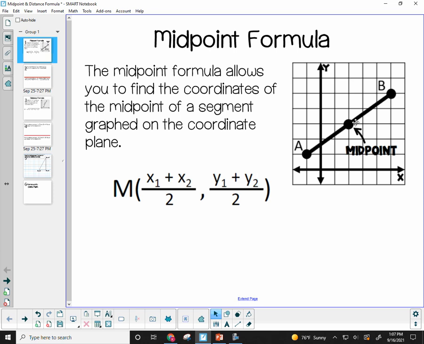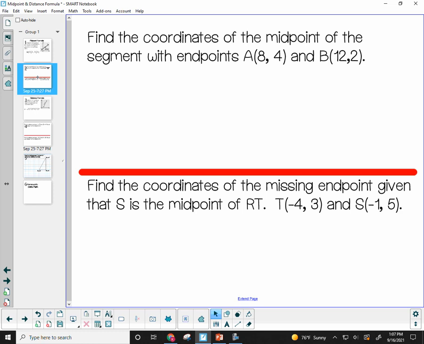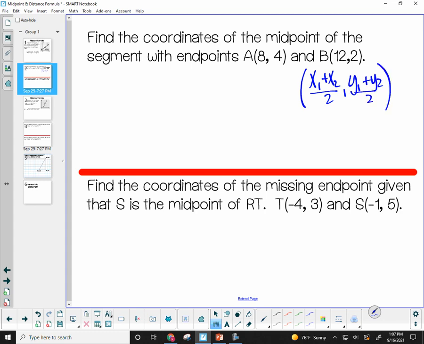So let's do a problem like that. I'm going to go ahead and write down the formula. We're finding the average of the x's and average of the y's. I'm going to write out all the steps this time.